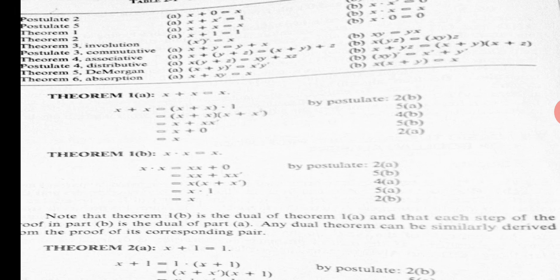Fine. Once you get x into x plus x into x dash, you are going to make it separately using the postulate 4a, that is nothing but x bracket open x plus x dash. Now x plus x dash is nothing but 1. So 1 into x equal to x. Ultimately you are going to get the value of x. So you are going to get the proof.